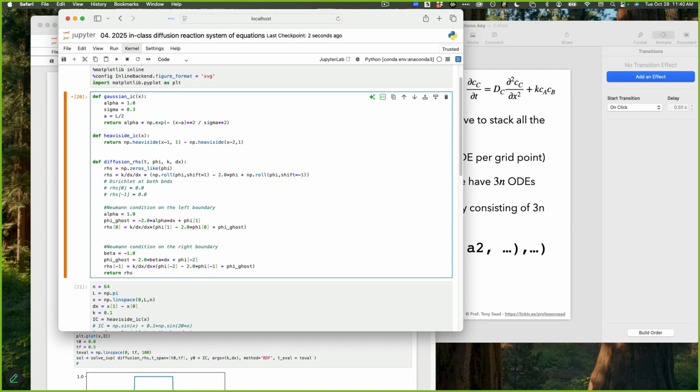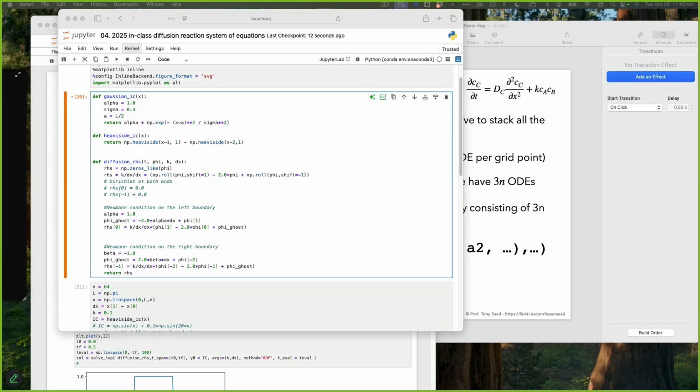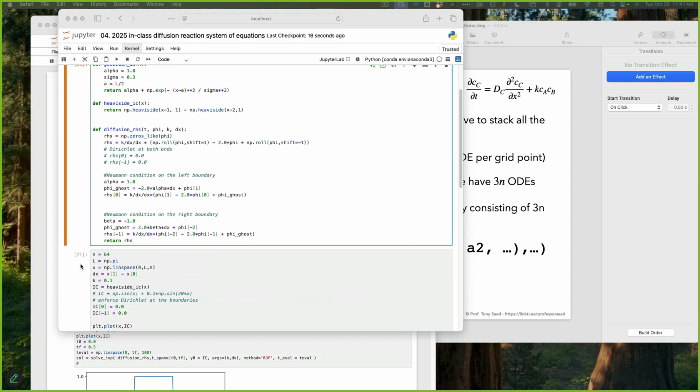Now, what I need to do is set up a few things before I set up the right-hand side.